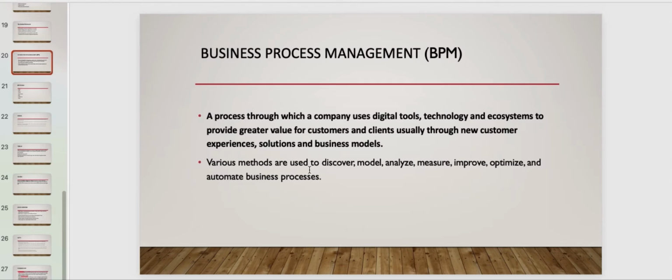So the main motto or the main aim of business process managing is to manage and improve a company's business processes that are repeated by avoiding all issues and mistakes. So business process management is actually very beneficial to companies. It has a lot of benefits.